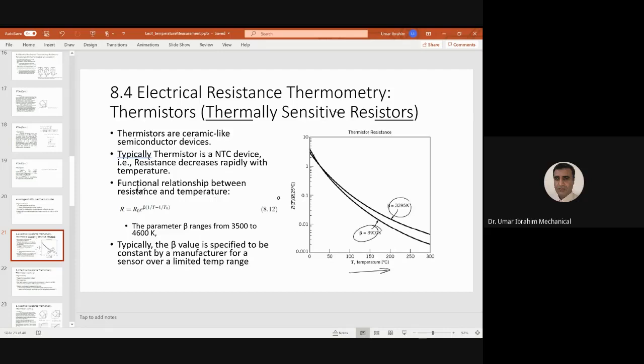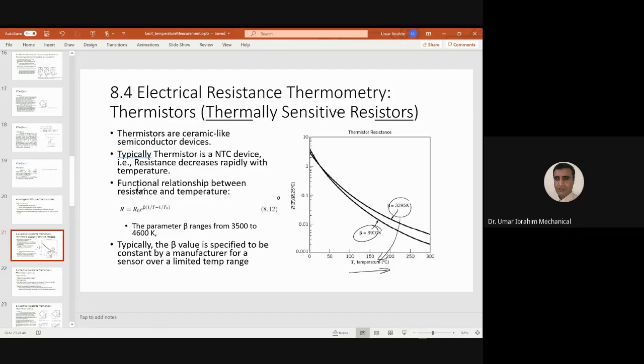So what this bullet is implying is that even though beta value changes, or we can say that beta is a function of temperature.